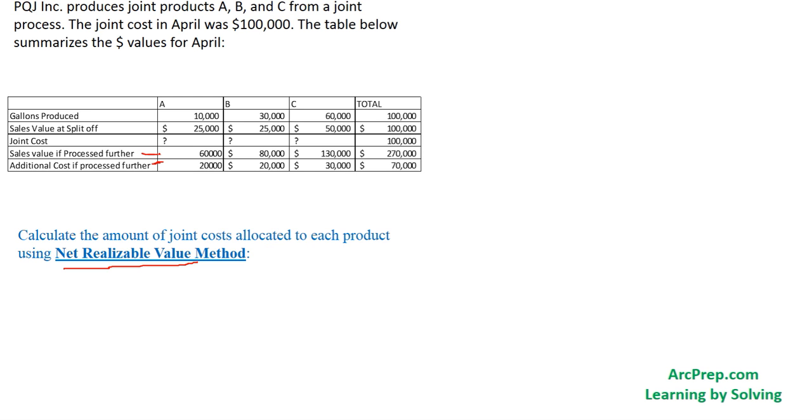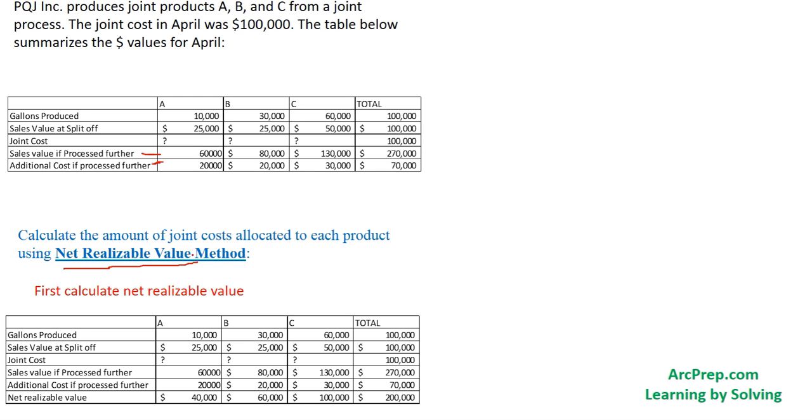And the difference between them will be net realizable value. For product A, net realizable value is 60,000 minus 20,000, it's 40,000. For product B, it's 80,000 minus 20,000, it's 60,000. And for product C, it is 130,000 minus 30,000, it's $100,000. And the total net realizable value is 200,000.